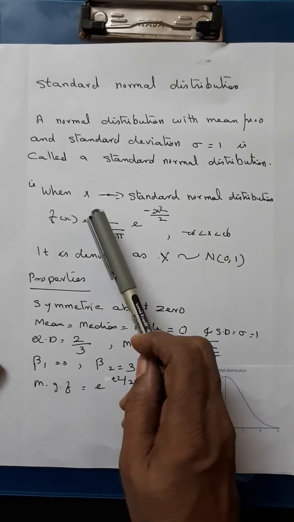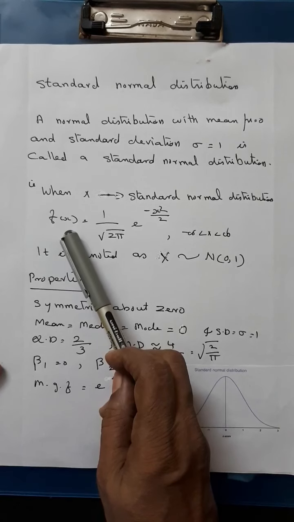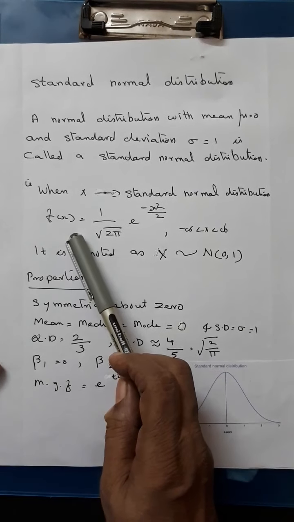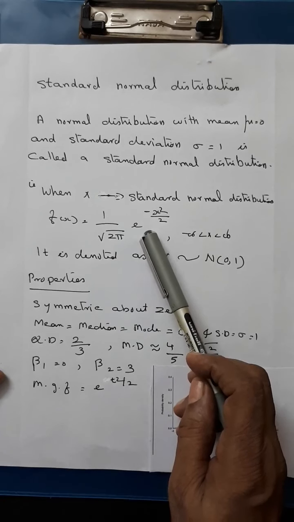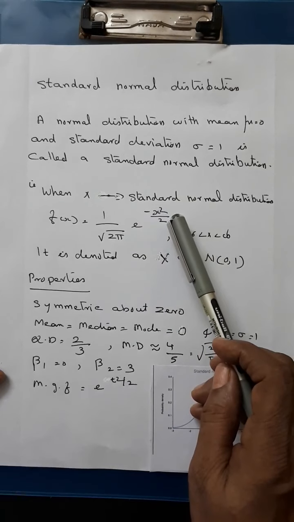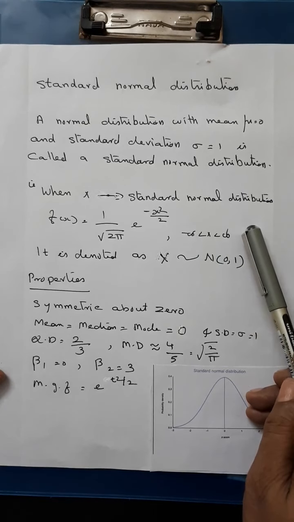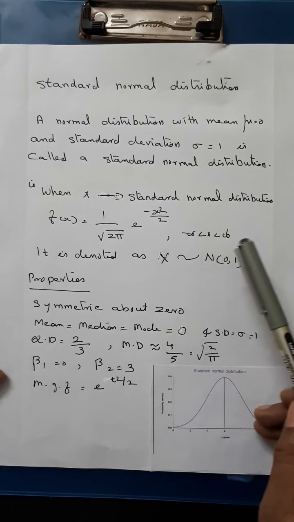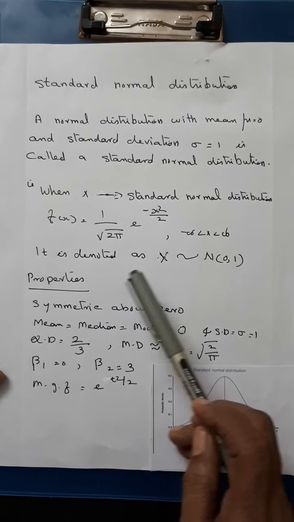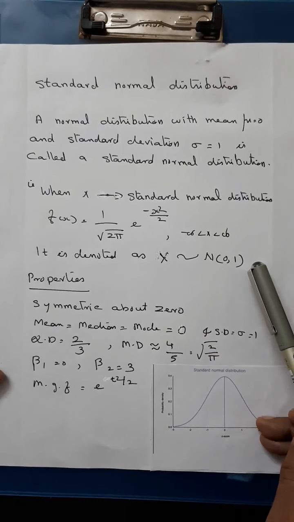That is, when x follows the standard normal distribution, the PDF of x, f(x), is equal to 1 by root of 2 pi e raised to minus x square by 2, for minus infinity less than x less than infinity. That is, the range of x is between minus infinity and plus infinity. It is denoted as x follows N(0,1).